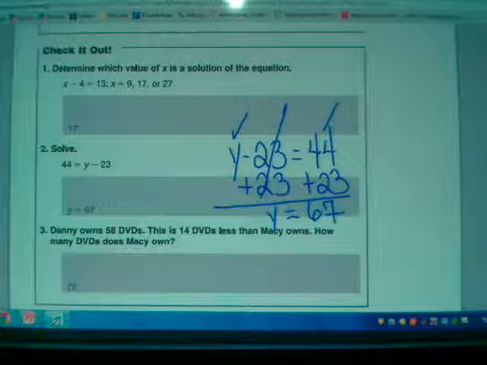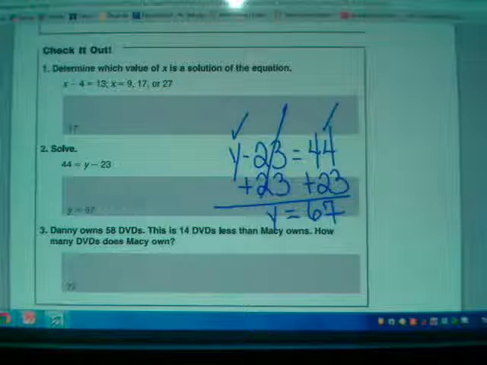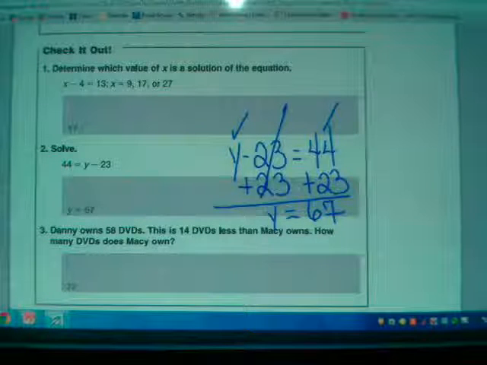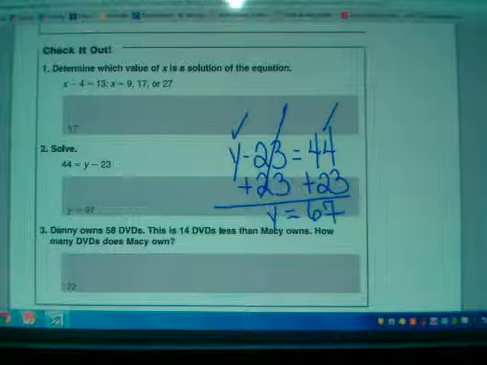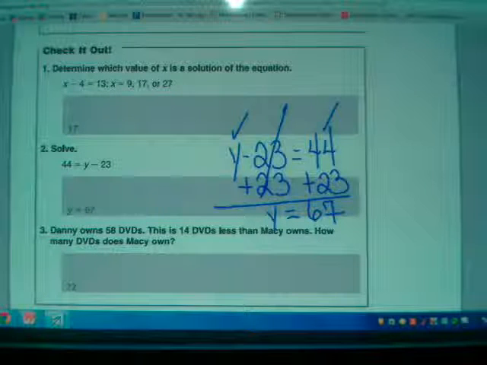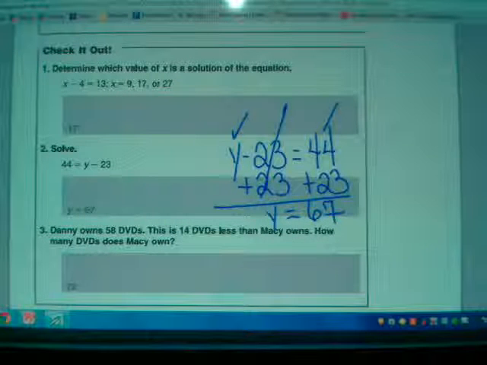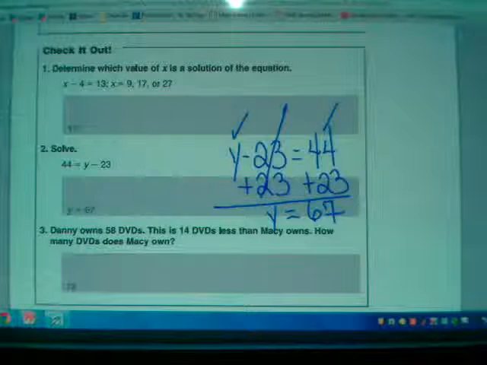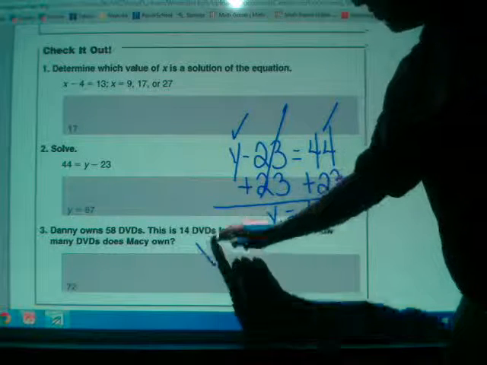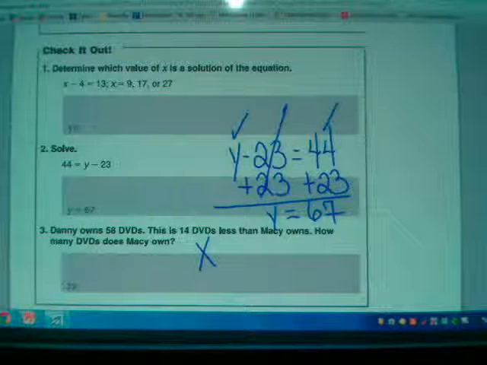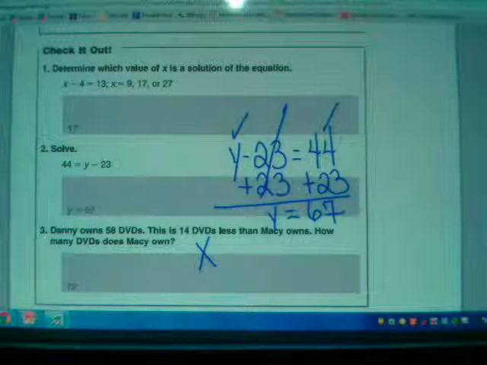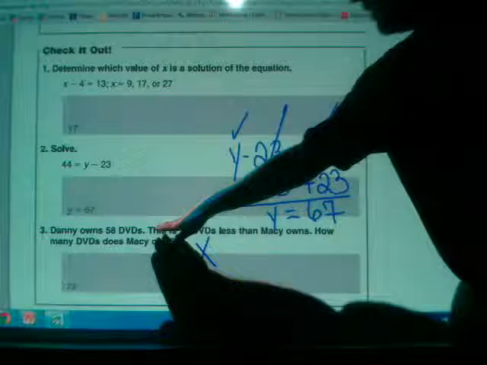We'll look at the concluding example, which says Danny owns 58 DVDs. This is 14 less than Macy owns. How many DVDs does Macy own? So, Macy's quantity of DVDs that she owns is an unknown. So that is your variable, which I'm going to call X. The book would probably use D to stand for DVDs, but it's not a big deal. Now, look at what they say in the second line here.